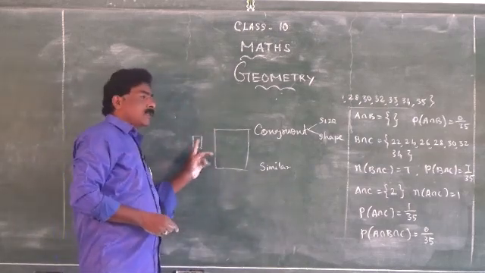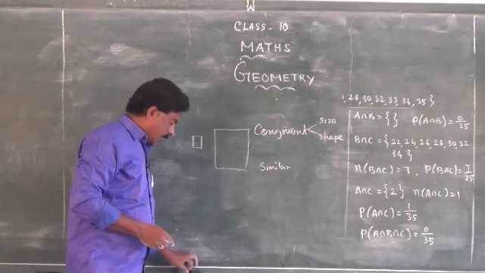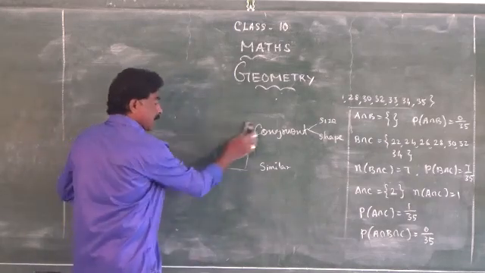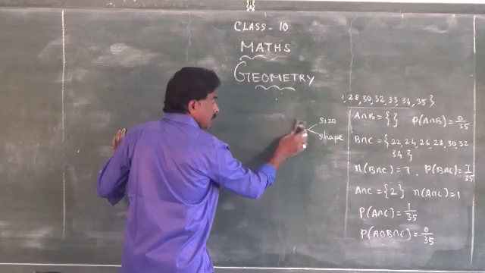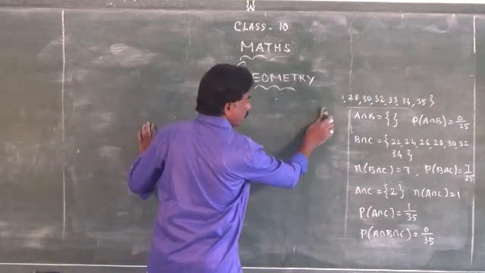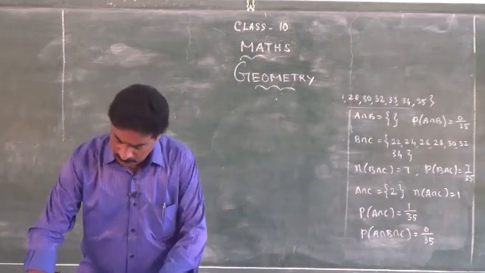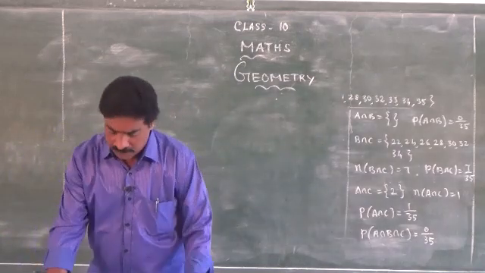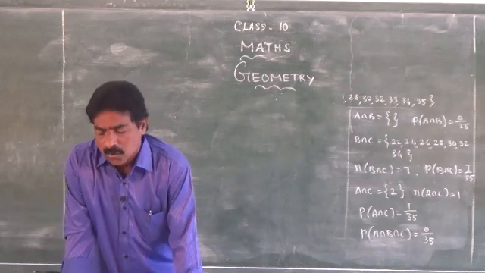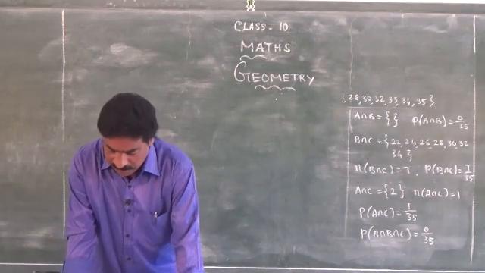Here we say the sizes are proportional. So two figures having the same shape with proportional sides, then we call them similar. Before going to the exercise, we have some rules and relations, some criteria.